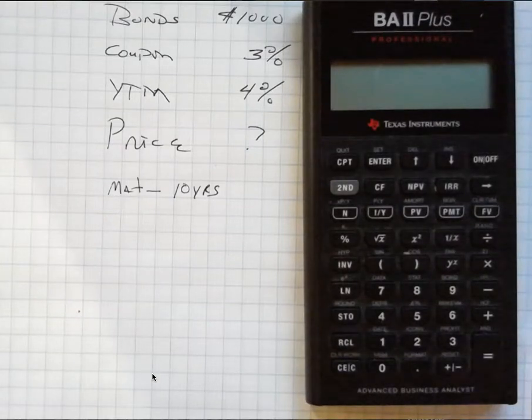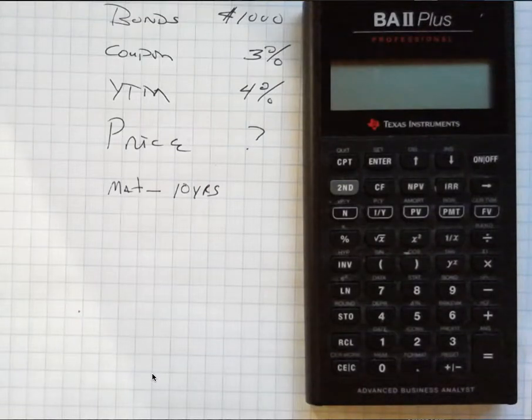In this case, if you would have bought the bond when it was issued, you'd be getting $30 a year. Well, since bonds pay interest every 6 months, you'd be getting $15 each and every 6-month period. Well, you'd get that for the next 10 years, right? $30 a year for 10 years.